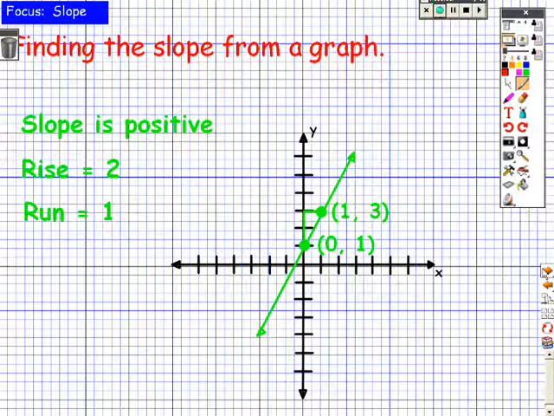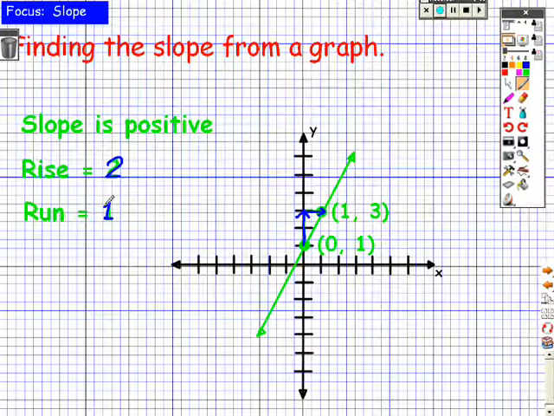Here in this example, the slope is positive. If I look at my bottommost point, which in this case is (0, 1), I realize that I must go up 2 units, making the rise 2, and go to the right 1 unit to get to the next point, making the run 1.